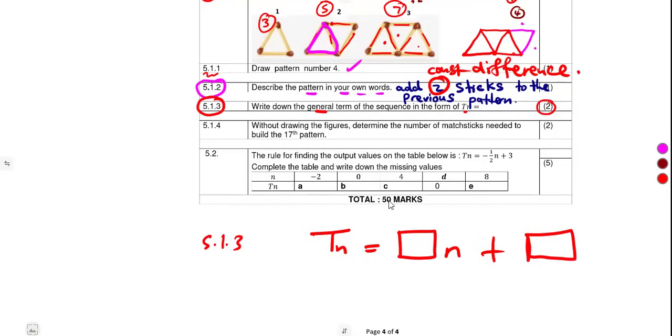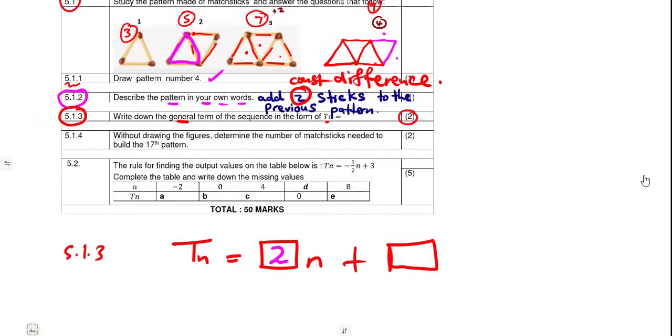What must be added to give us the term in position? So already this one, we have it. It is a 2, our constant difference. What about this one? What must be added? You can just use the first term to find what must be added. The first term here, first position, position 1, it means T1 is equal to what? 3. How many sticks?